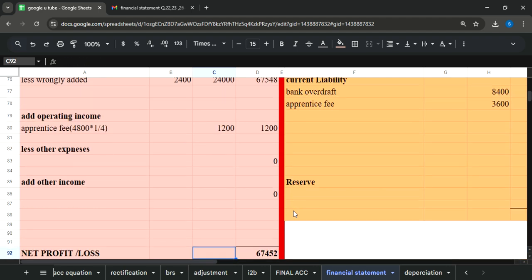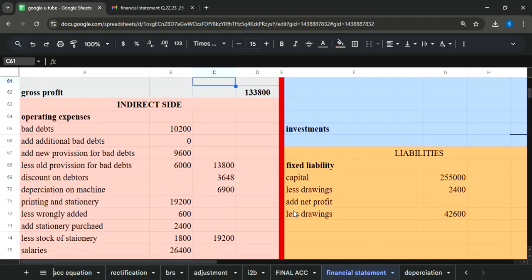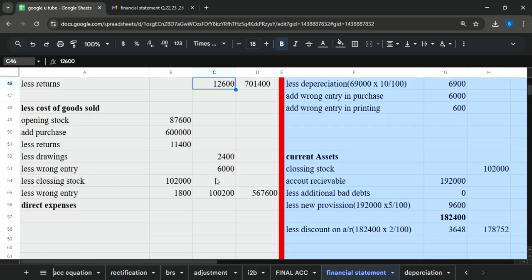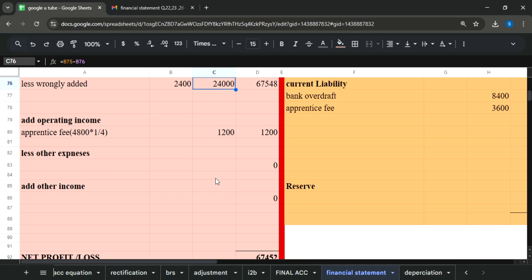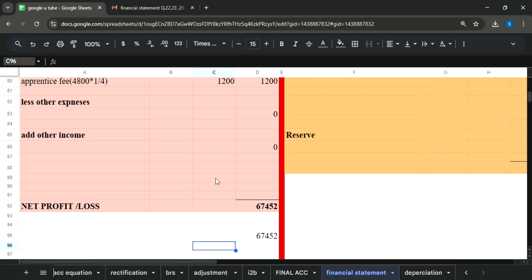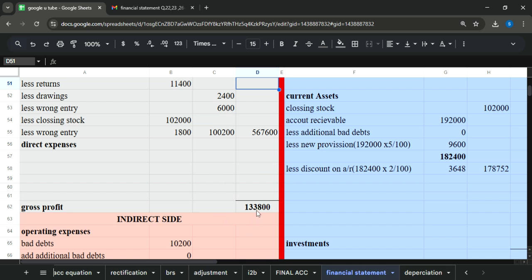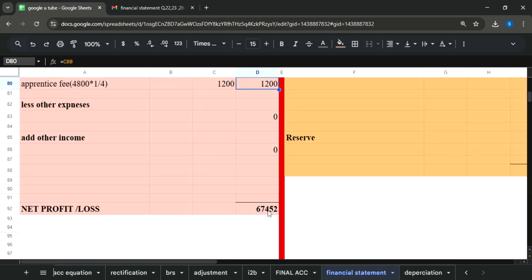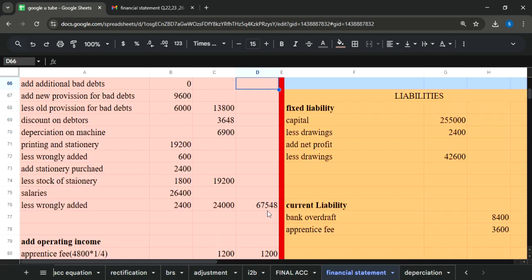So guys, in this way 67452, and net profit given over here is 67452. It means our second part is also completed, where the first part was for gross profit and the second part is for net profit. Both answers are matched.